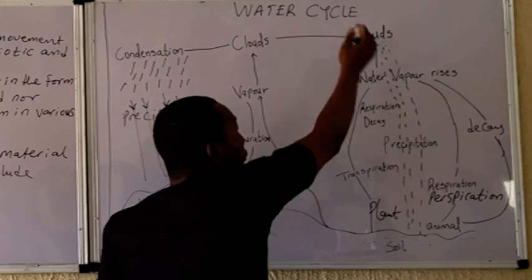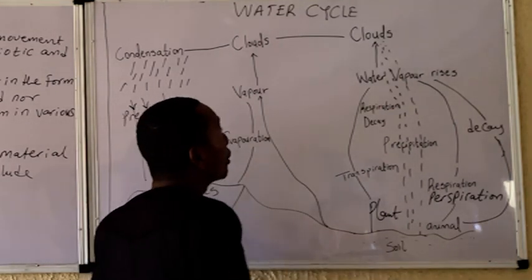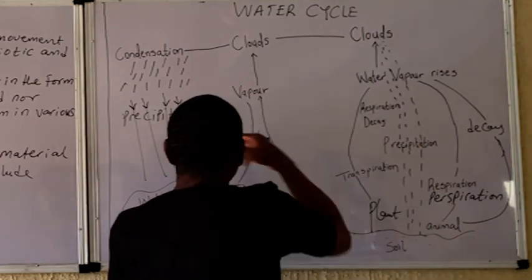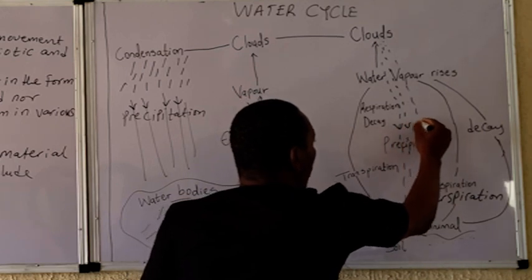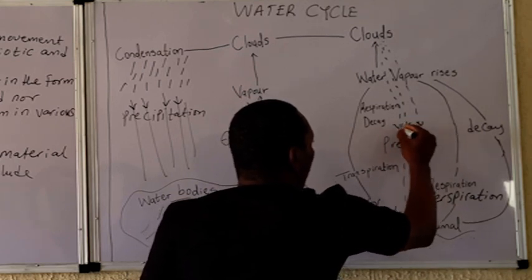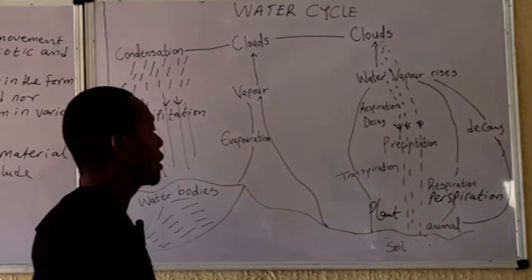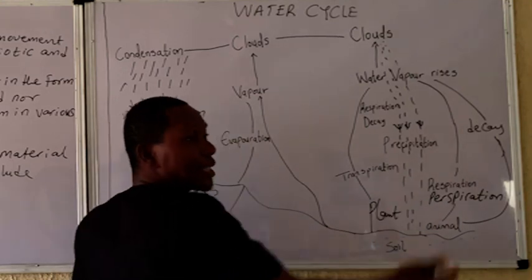When the water moves up, it undergoes what we call condensation, forming cloud. This can also fall back towards the land or to the water through a process called precipitation. So with precipitation, we have our water coming down into the land, which is also absorbed back by what? The plant and others.